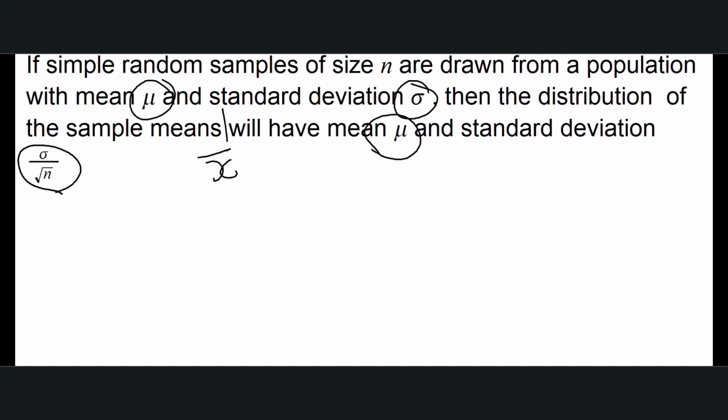As an example, let's look at the distribution of glaucoma medication bottles where we had mean 65 drops and standard deviation 2.4 drops.